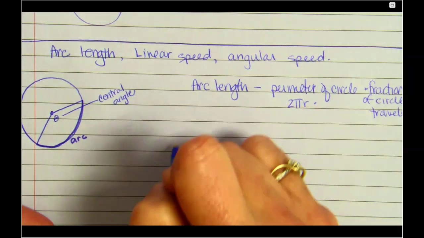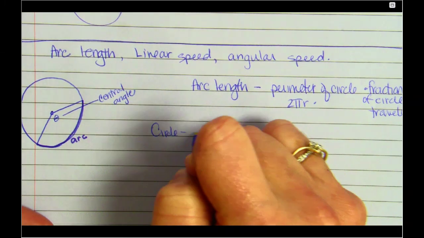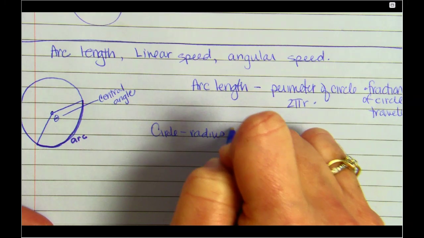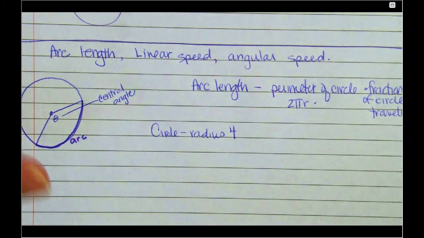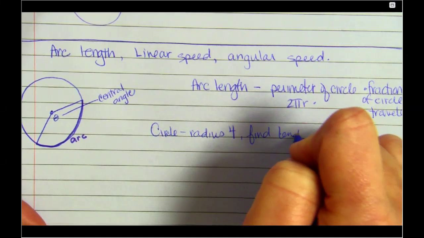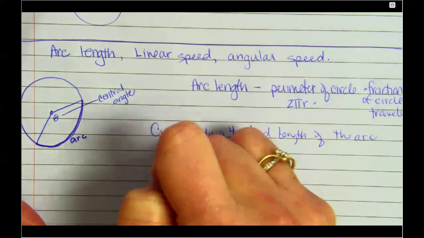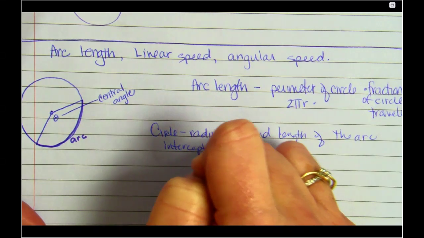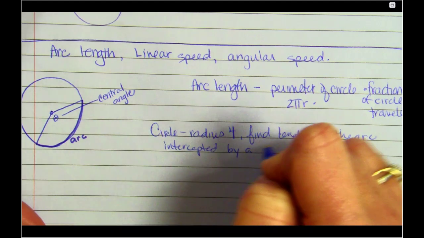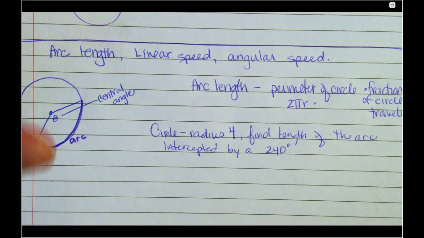Here's an example. Let's say a circle has a radius of 4, and we want to find the length of the arc intercepted by a 240 degree central angle.